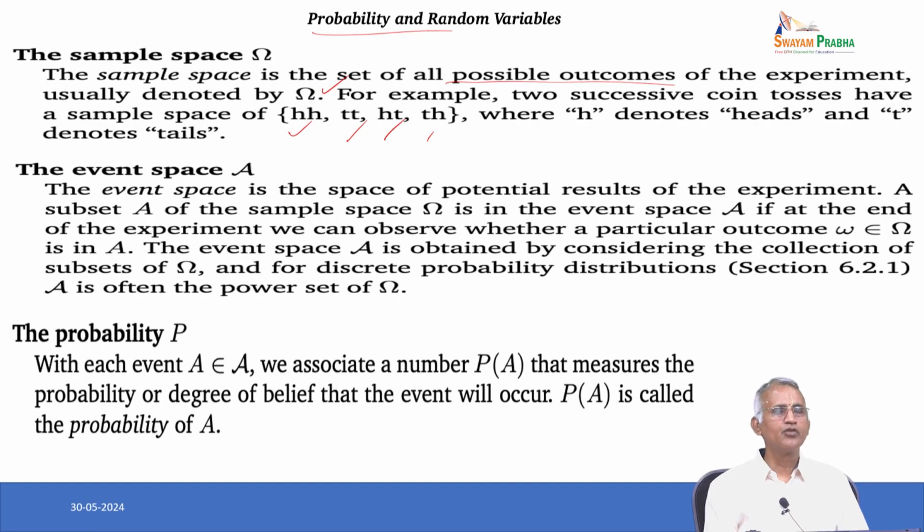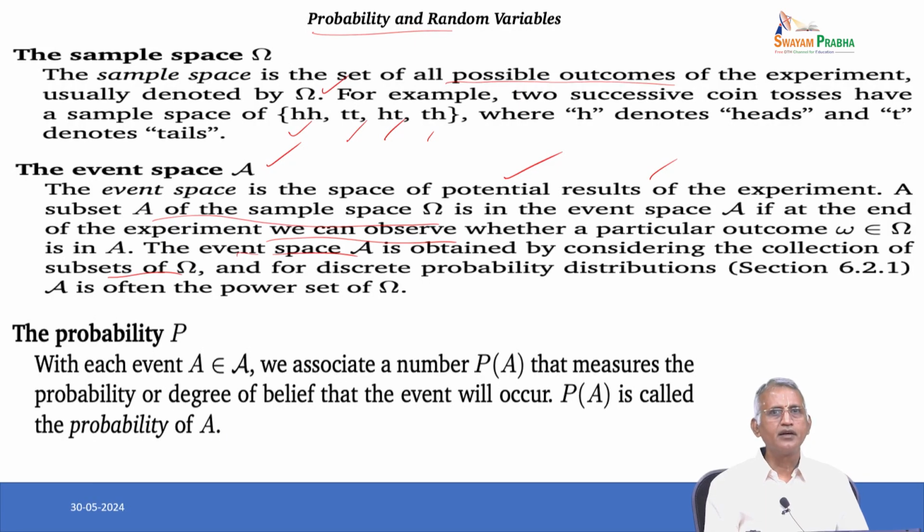Based on that, we move to the next step, event space A. The event space is the space of potential results of the experiment. A subset A of the sample space omega is the event space if at the end of the experiment we can observe whether a particular outcome, small omega in capital omega, is in A. So, the event space A is obtained by considering the collection of subsets of omega.